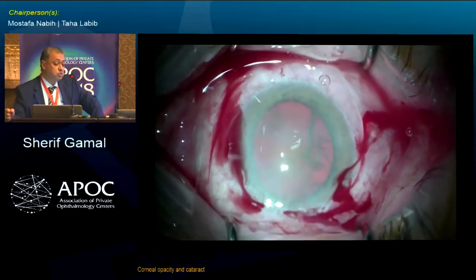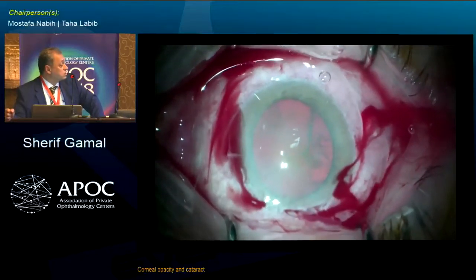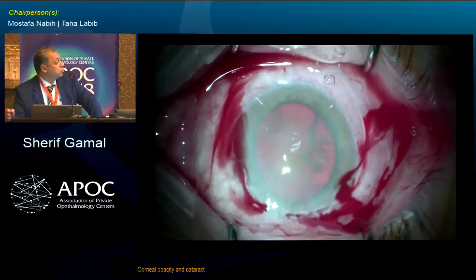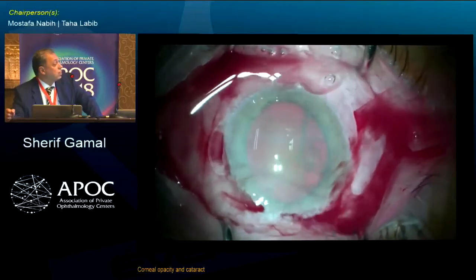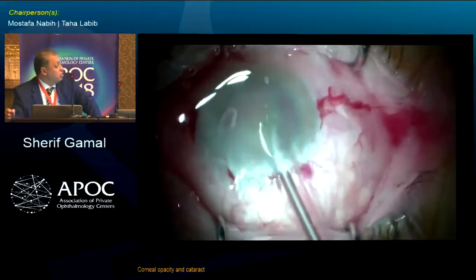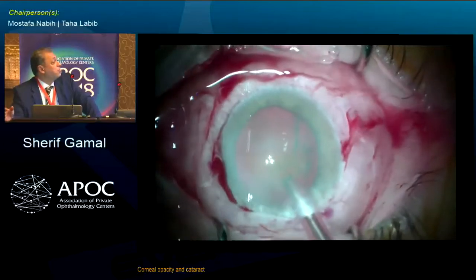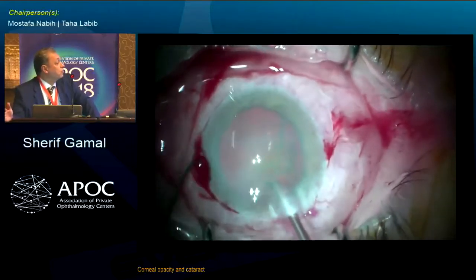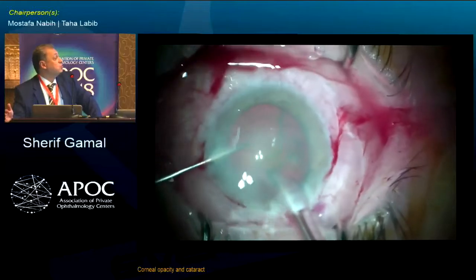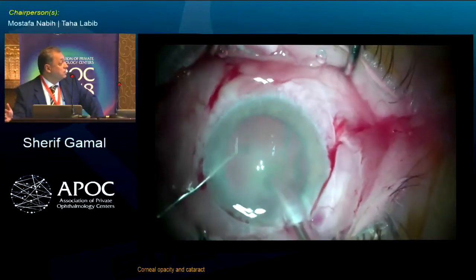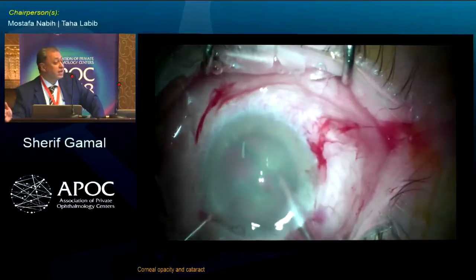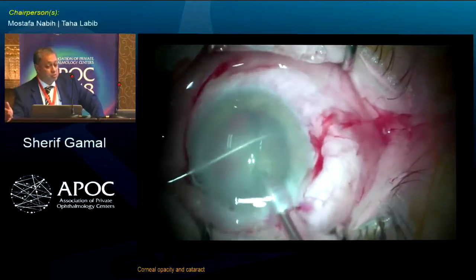The next step is removing the nucleus itself. Also, this is a very important step. And again, once you start doing your phaco, we all know that you disrupt the homogeneity of the lens fibers, and that's why you start losing more visibility, and you start losing the red reflex that's working with you.